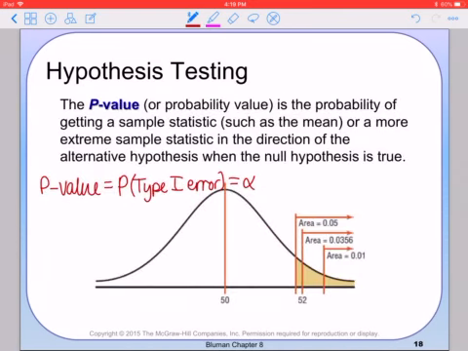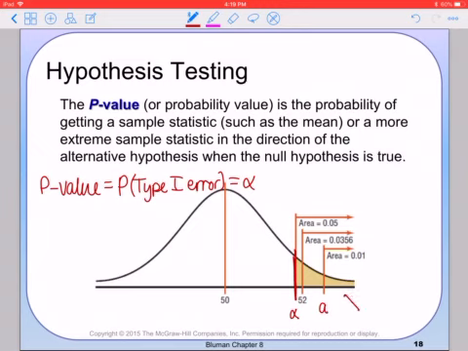When we create this table here, let's say that this is our alpha, and then we find the probability, the p-value, and we have our alpha is over here.